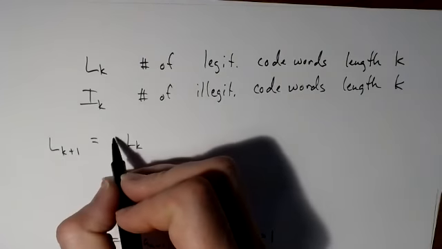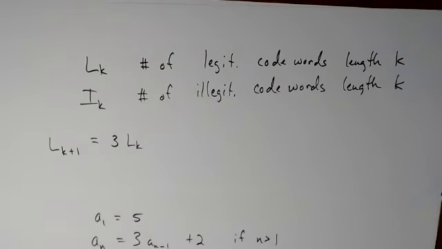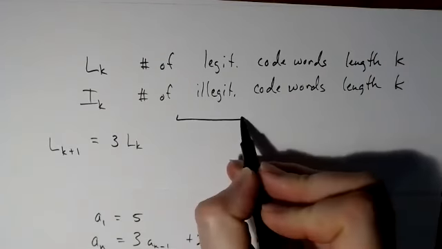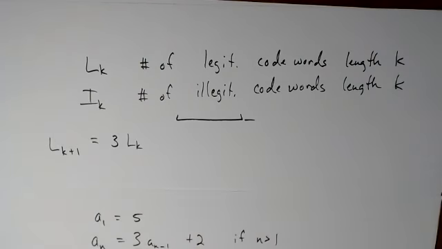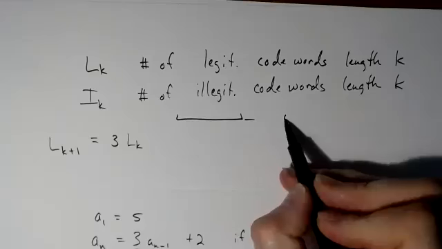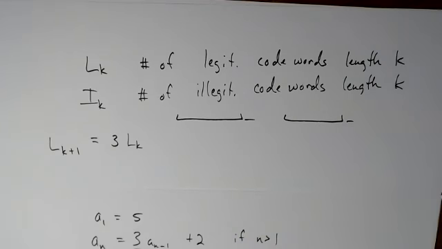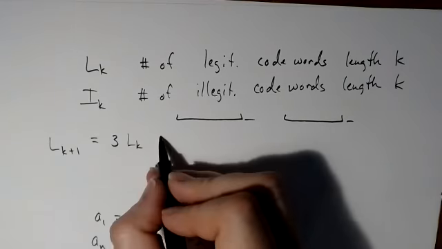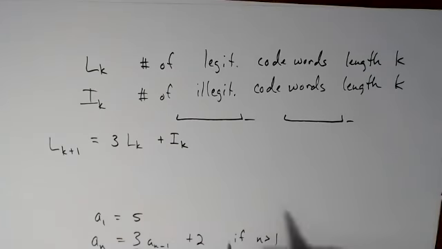So there are 3 things I can append to the end. Or I'll start with an illegitimate code word and add something to the end. If I take an illegitimate code word and tack a 0 onto the end, that forces it to be a legitimate code word.